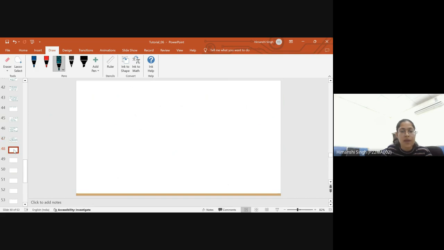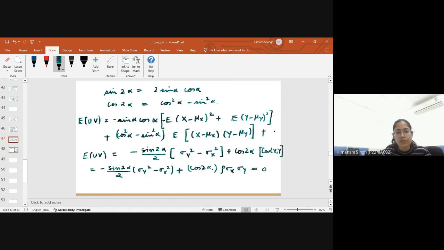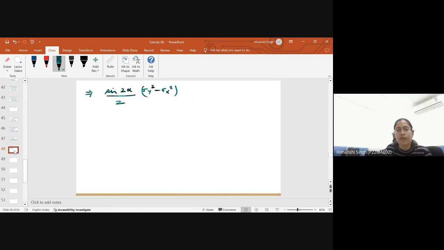So basically, this is true if sine 2 alpha divided by 2 into sigma y square minus sigma x square, this quantity, is equal to cos 2 alpha into rho sigma x sigma y.